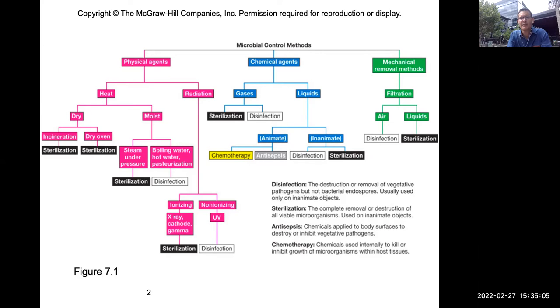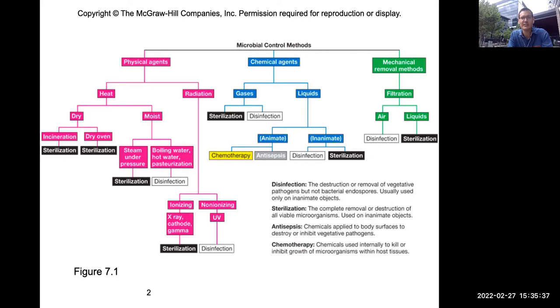Now, with chemical agents, we've got gases which can disinfect or sterilize, like ozonation, ozone for example, and various liquid chemicals that can be applied to either animate or inanimate objects, to disinfect or sterilize in the case of inanimate ones.